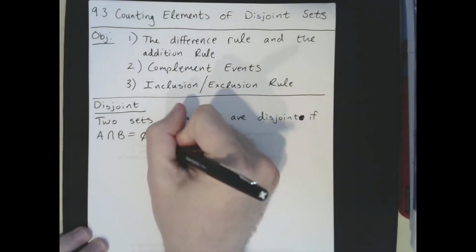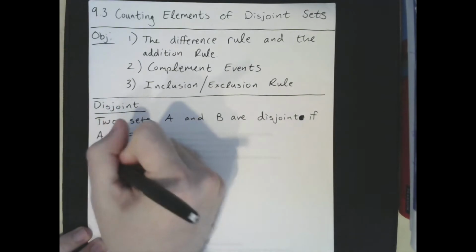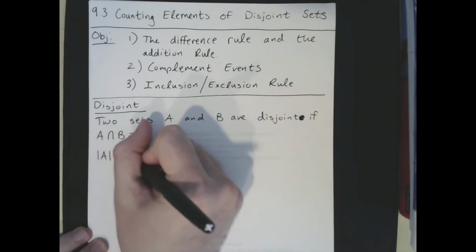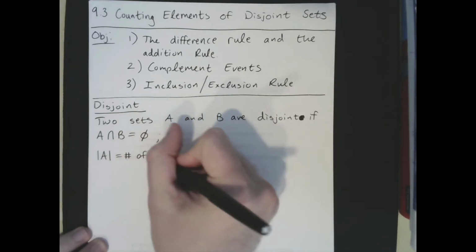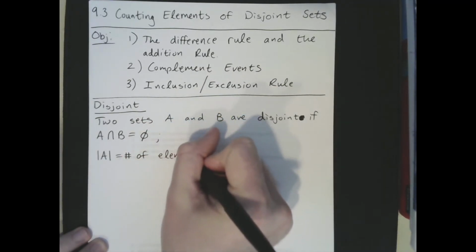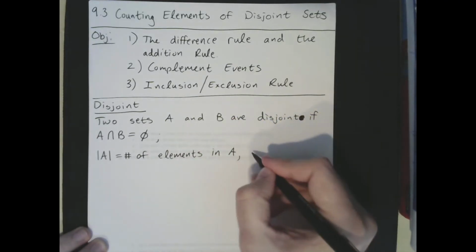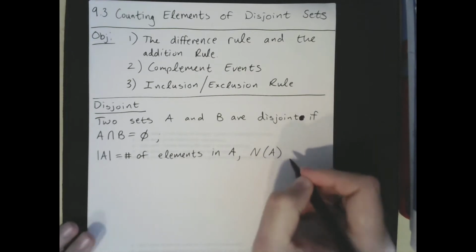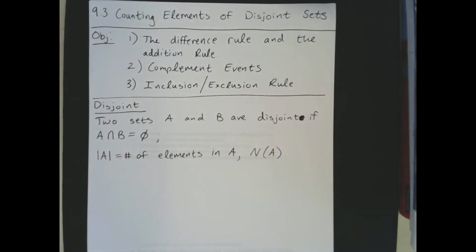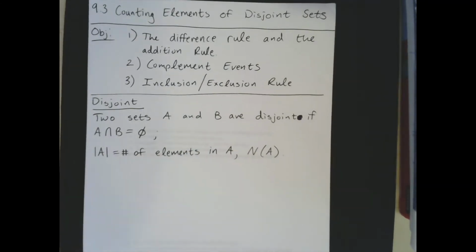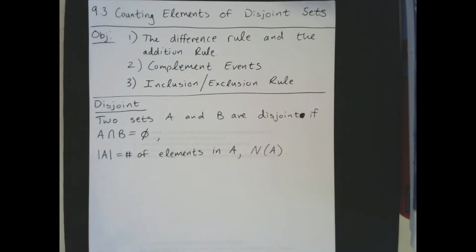And just a little reminder, absolute value of A, this is the number of elements in A. You can also see this as N of A. I think our book uses the N of A notation, number of elements of A, because absolute value is technically cardinality, but I'm going to use it interchangeably with cardinality and size, just to keep things simple.